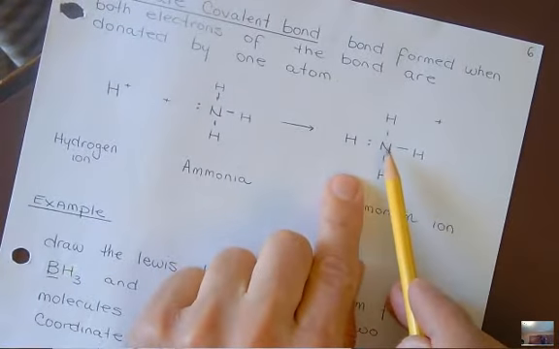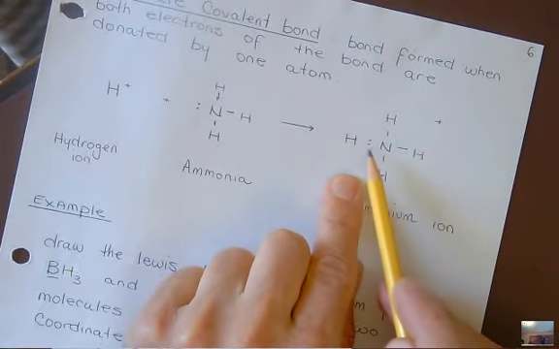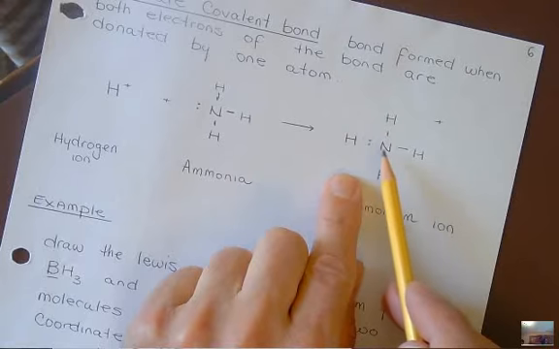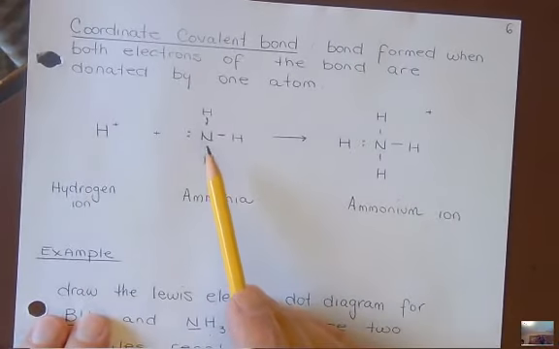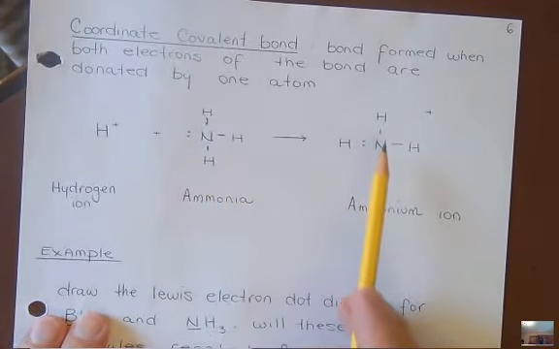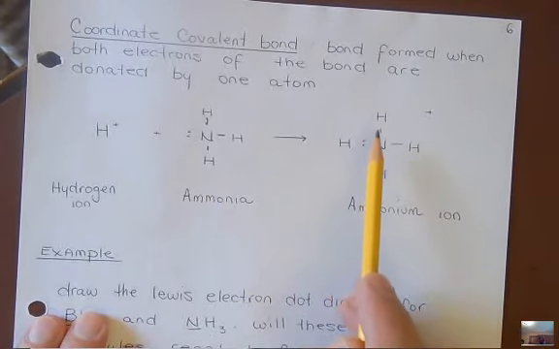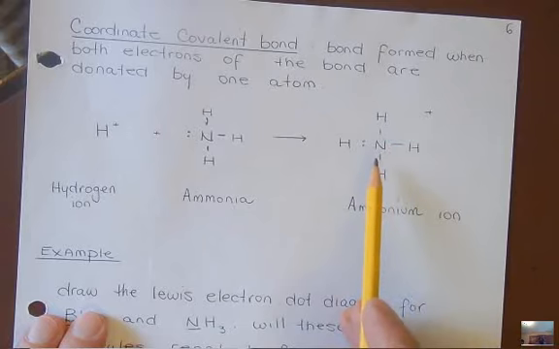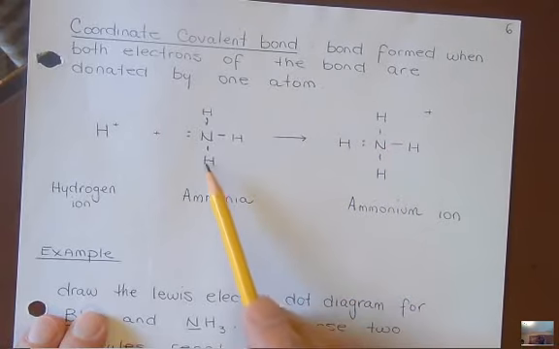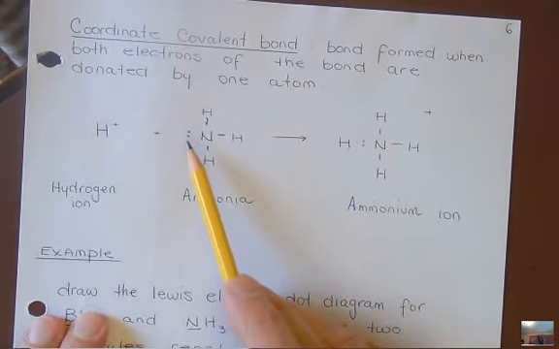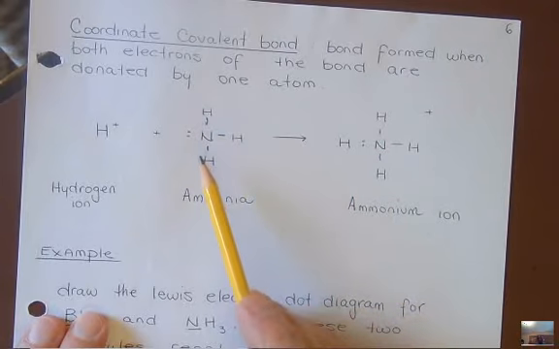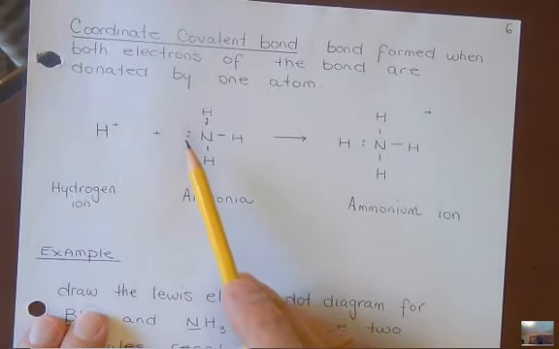And what about our nitrogen? 2, 4, 6, 8, happy with 8. So nitrogen did not lose anything. Here it had an octet, here it has an octet. So what's the difference? This is an octet made by 4 sets of bonding electrons, 2, 4, 6, 8. Here's an octet made by a lone pair and 3 sets of bonding, 2, 4, 6, 8.